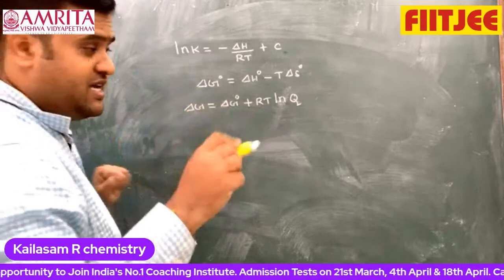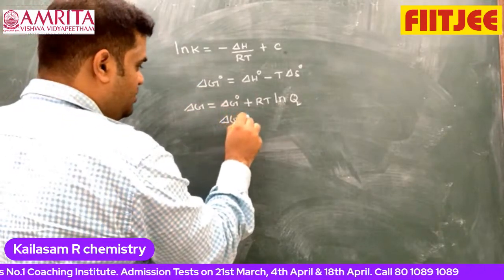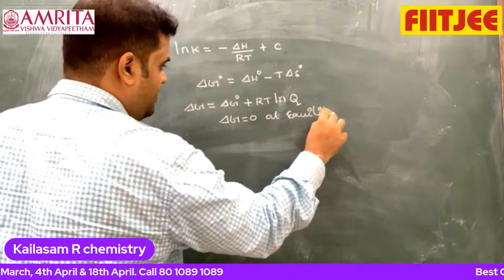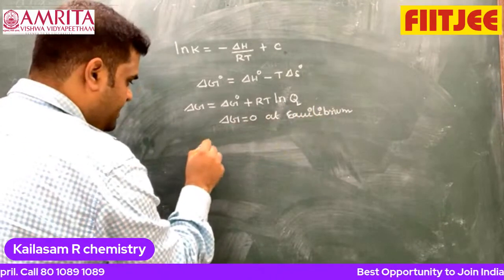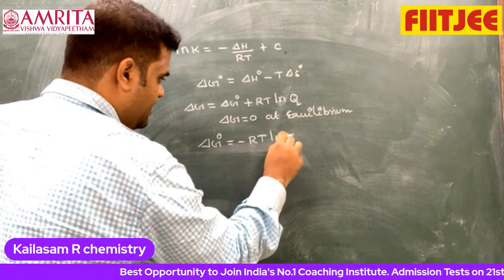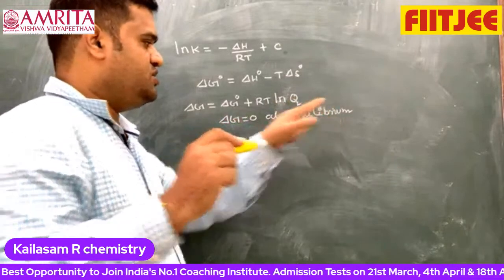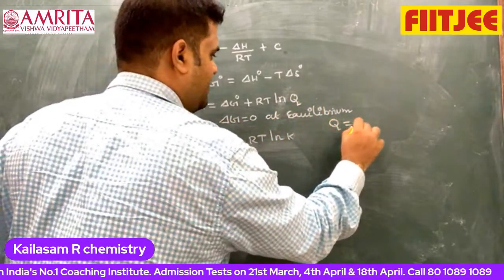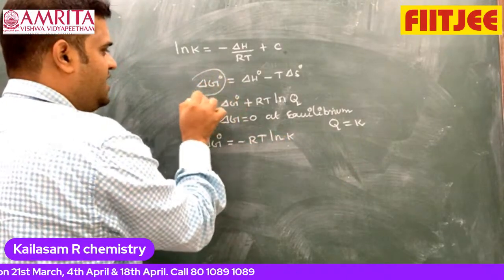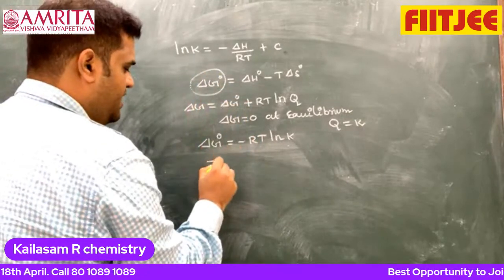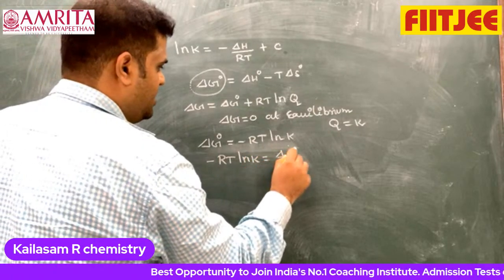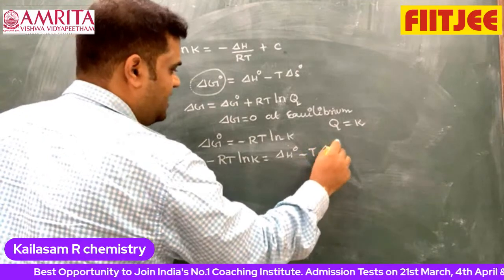When the reaction attains equilibrium, delta G is equal to 0 at equilibrium, and Q is equal to K. Now I can write that delta G naught is equal to minus RT ln K.